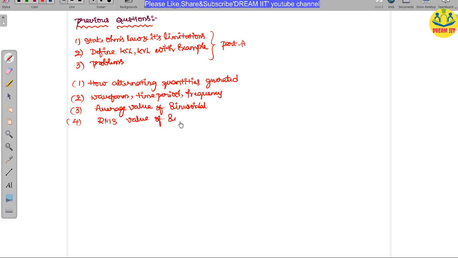They may ask the definition also instead of derivation. And fifth question, the definitions of average value, RMS value, form factor and peak factor. These are the questions asked in the previous question papers.